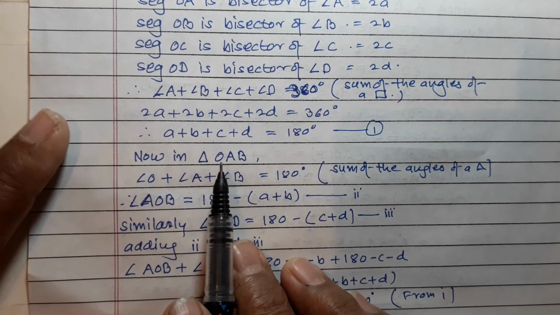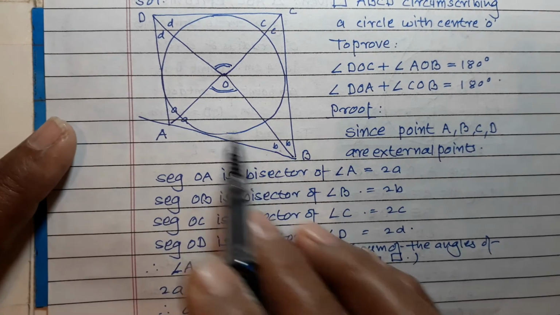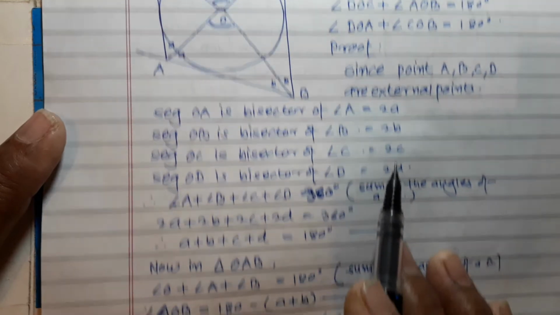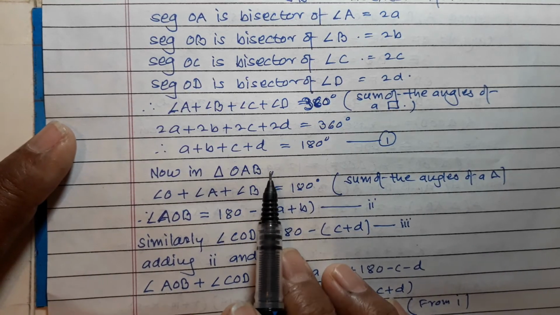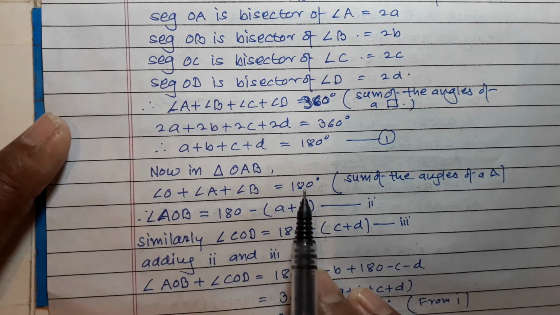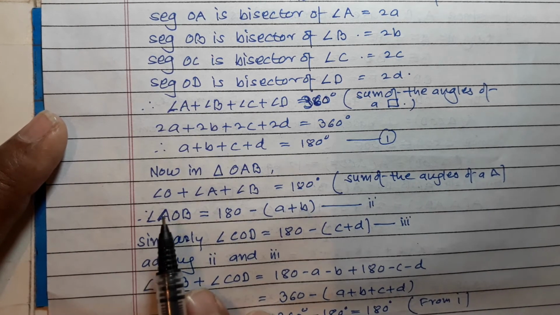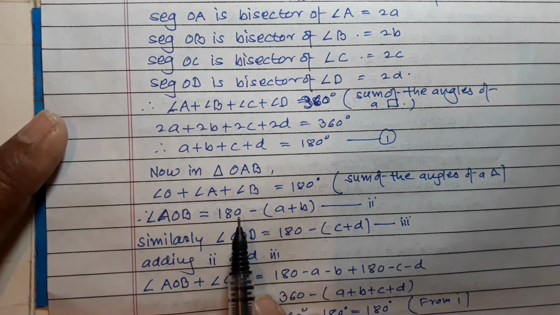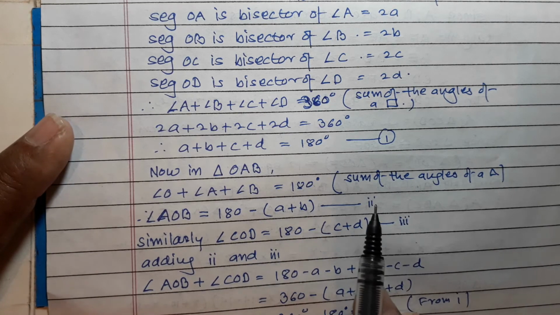Now in triangle OAB, angle O plus angle A plus angle B is equal to 180, sum of the angles of a triangle, and therefore angle AOB is equal to 180 minus (angle A plus B).